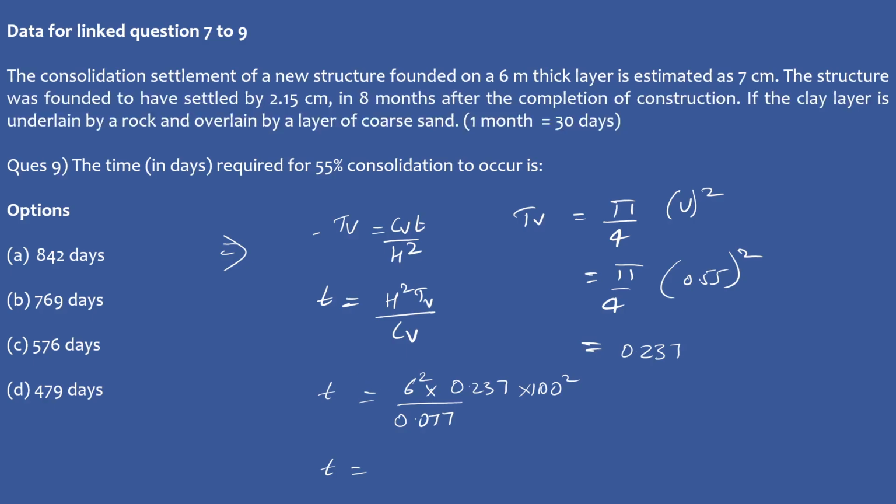Okay, so for converting into centimeter, we need to multiply with the 100. So it's 0.237 into 100 square, divided by 0.077.